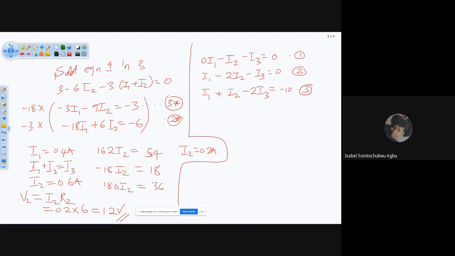So it's correct. Good. So we can move forward by substituting into our matrix.